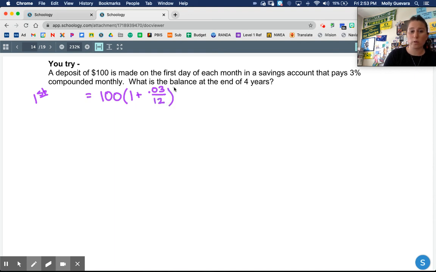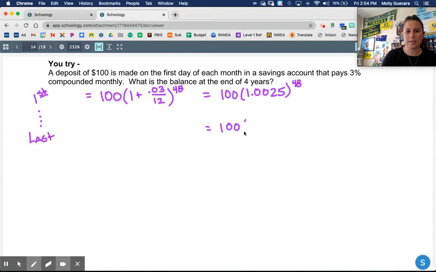But now I want 4 years, so it's going to be 48 months that first one gets, which is 100 times 1.0025 to the 48. So then your last is going to just be 100 times 1.0025 to the 1.